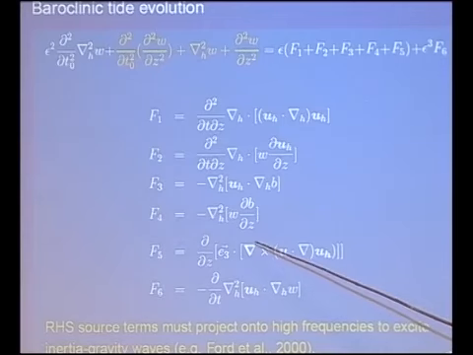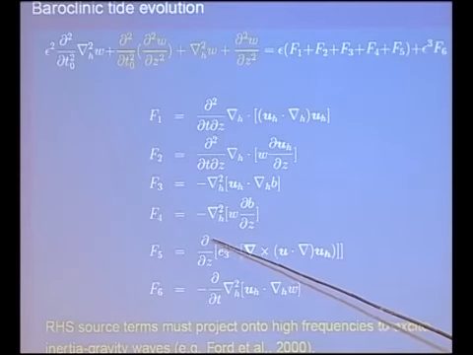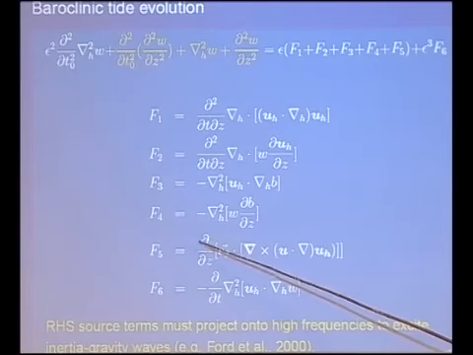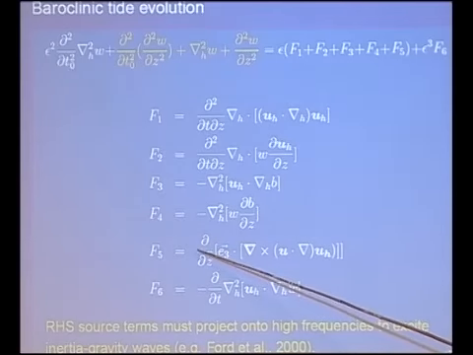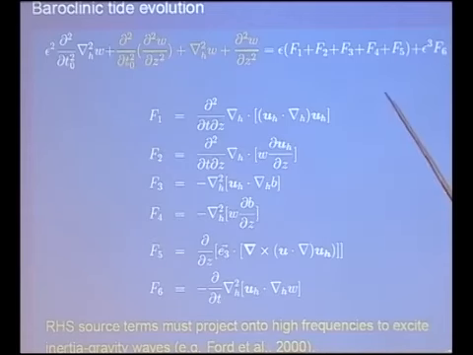They represent all kinds of things, but the most important one in this formulation is this one right here, which, if I were in dimensional space, would have a Coriolis frequency parameter here.